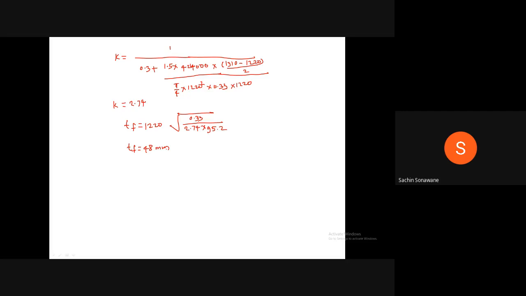And now the last part remained, that is nozzle reinforcement design.